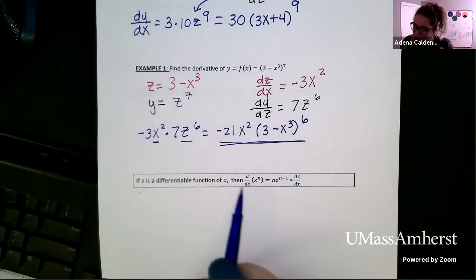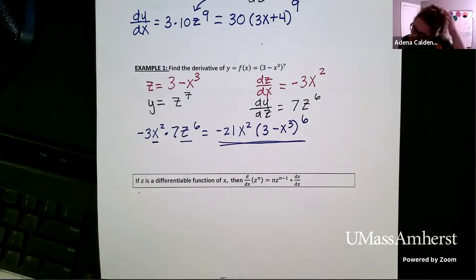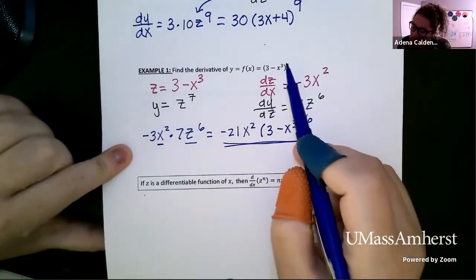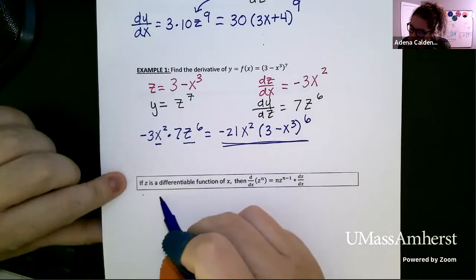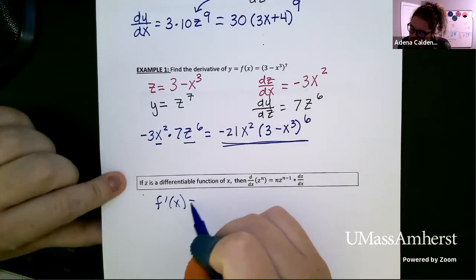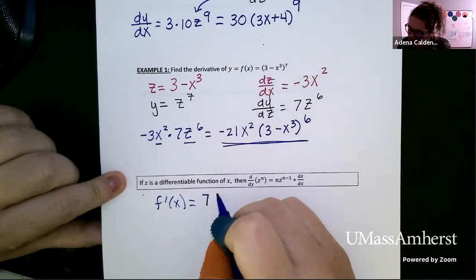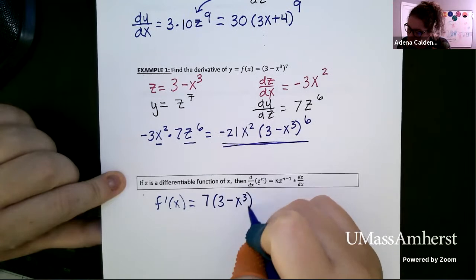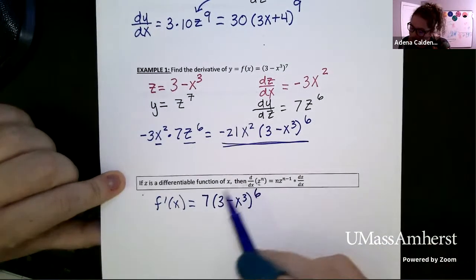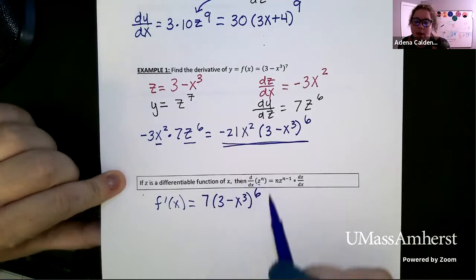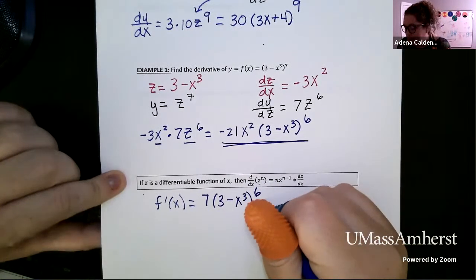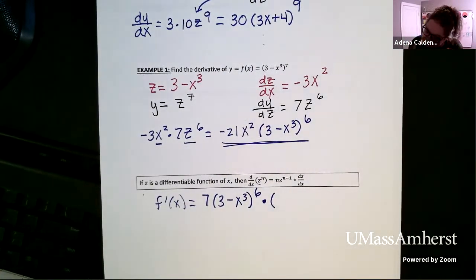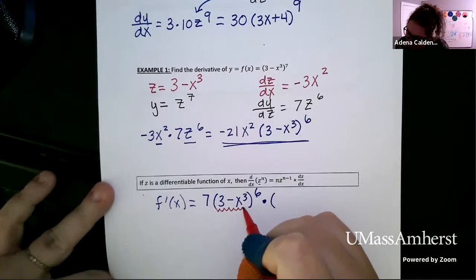So if we were treating it using this rule, which is a little more Newtonian based, here we would start with this power of 7, and we'd say, okay, well, if I'm going to take the derivative, the 7 will come down in front, everything inside will stay the same, and I subtract 1 from the power. So I just deal with the outside function first, okay? I just deal with the power. But then I have to remember to multiply by the derivative of the inside, okay?